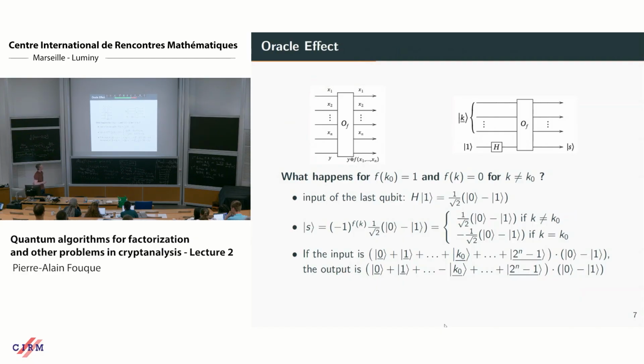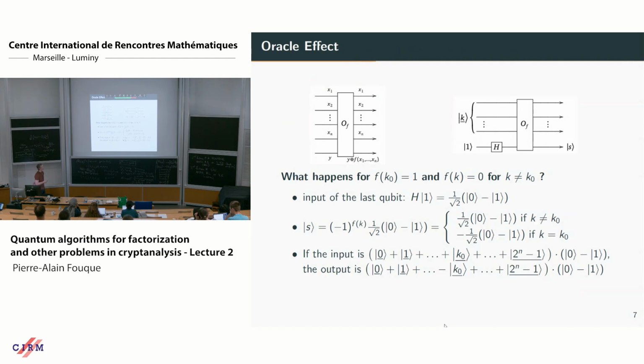So I can rewrite everything just using this notation, and I factor with this value. For all different values at the beginning, so this is the input of the oracle function here, I have the superposition of all values, and at the output I will have this superposition.